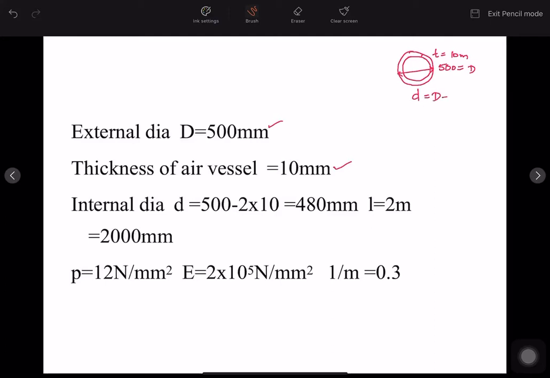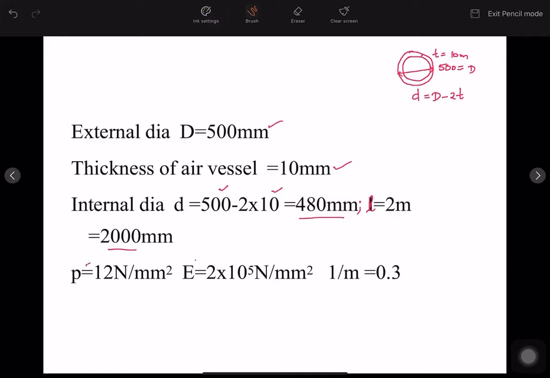D minus 2 times of small t. So d is 500 minus 2 times the thickness of the cylinder or vessel. We'll get it as 480 mm, and here this is L, which is 2 meter or 2000 mm.